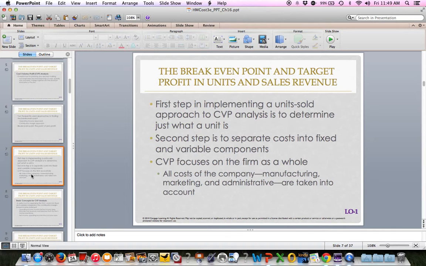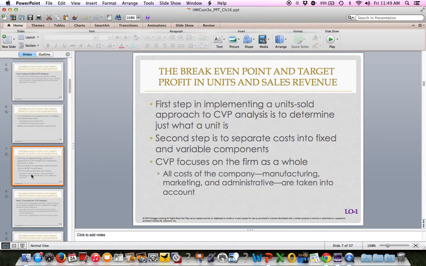What is a unit? Is it a person on a flight, or is it a per mile rate? Is it days you stay at an amusement park? Whatever that is, you first of all have to figure out what your unit is, and that's up to the company. But that's the first step.